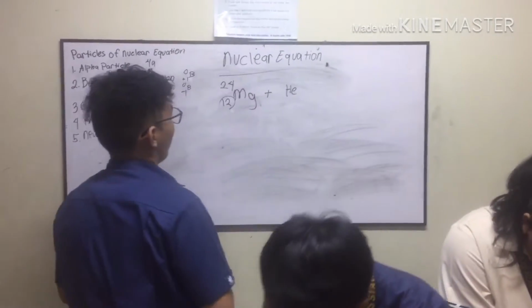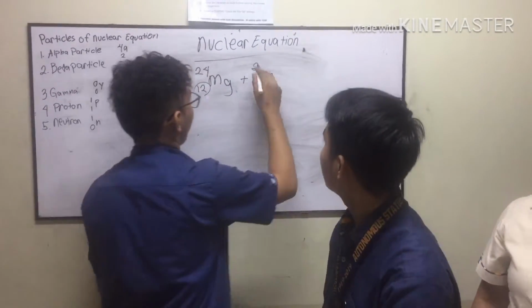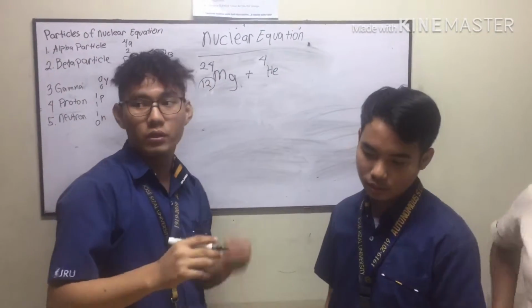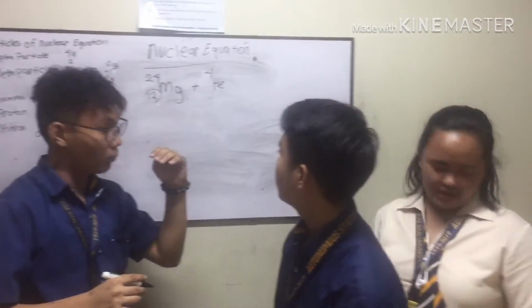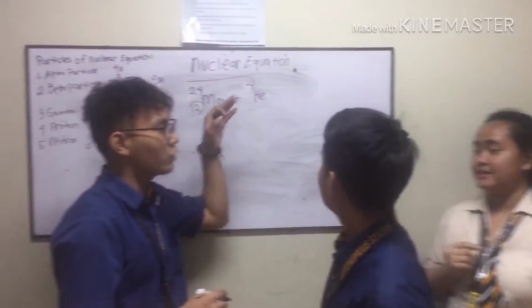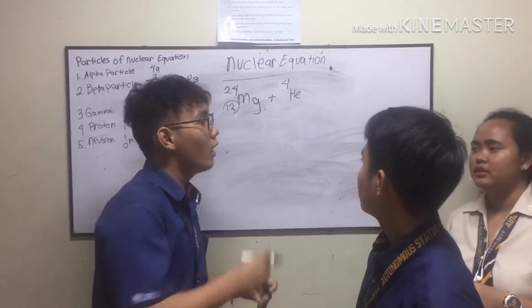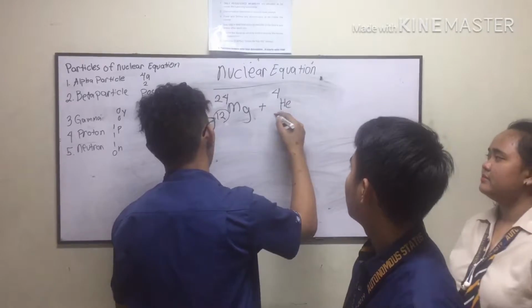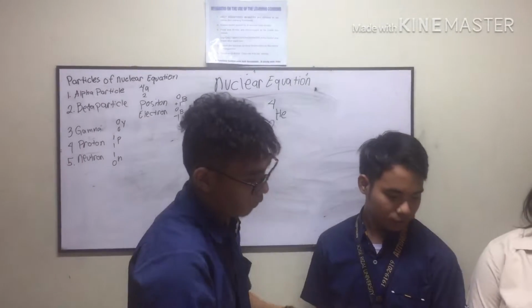The atomic weight is always on the top, as a superscript, and the atomic number is the subscript. What is the subscript of He? 2.